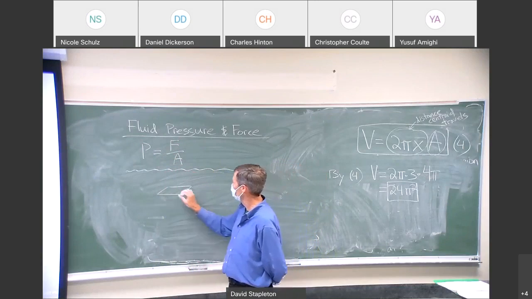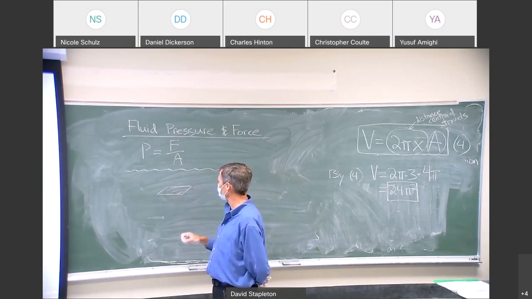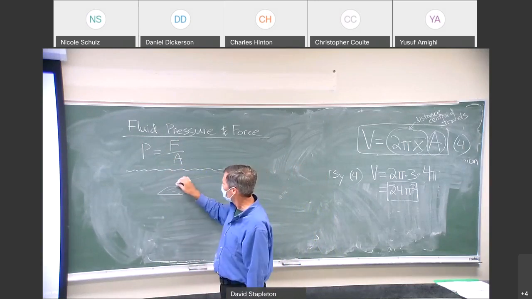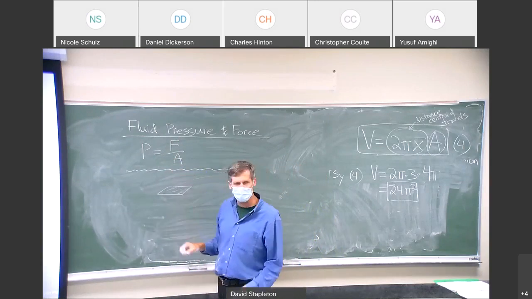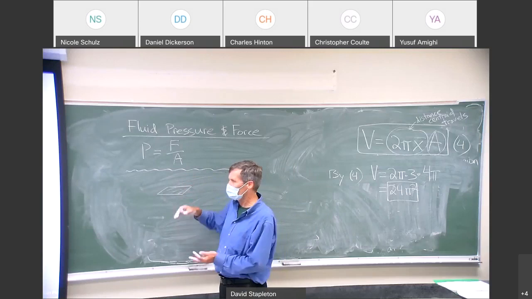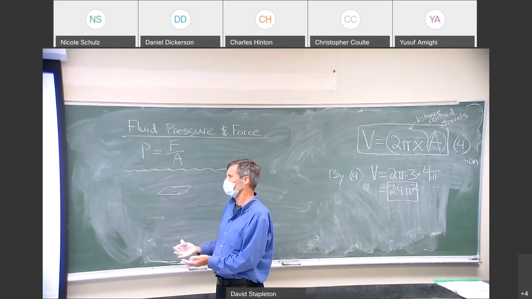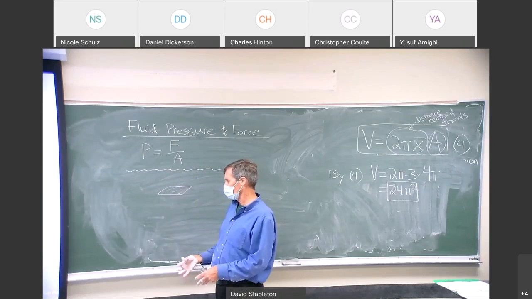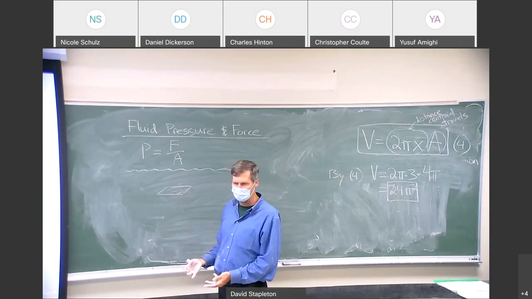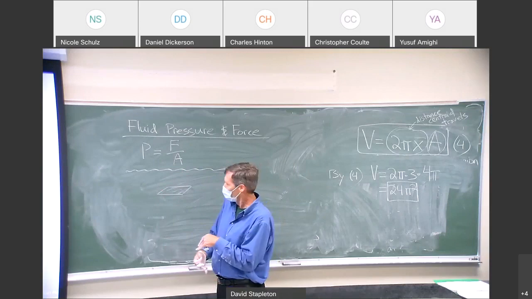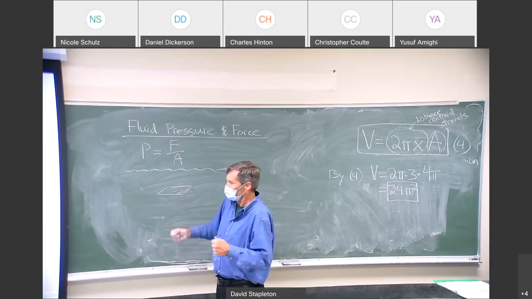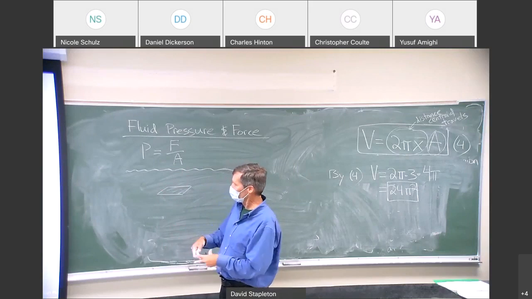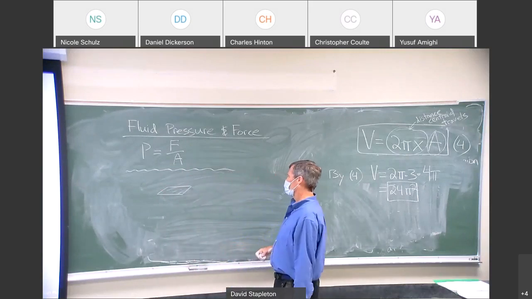I could say, what's the pound per square inch in this rectangle down here? Well, it turns out that water tries to conform on both sides, and water is an incompressible fluid. If you take a balloon that's a foot radius out in the air and you take it down 100 feet underwater, it's still a foot radius, because it doesn't compress. It actually just pushes back harder and harder. It's got a lot of pressure underwater, but it's still the same radius balloon.